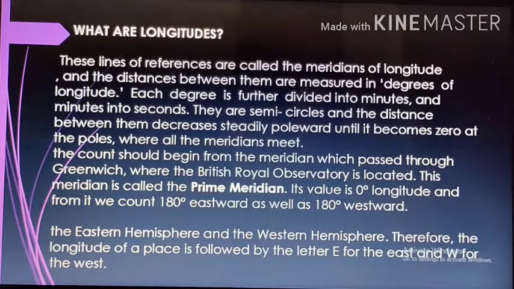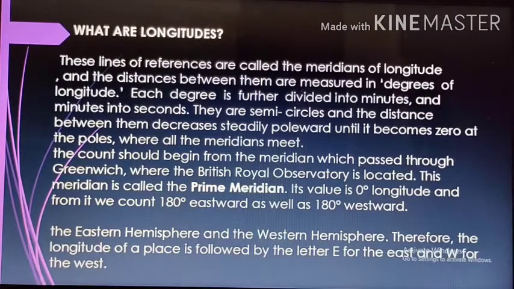Thus, it was difficult to number the meridians. Hence, all countries decided that the count should begin from the meridian which passed through Greenwich, where the British Royal Observatory is located. This meridian is called the prime meridian. Its value is 0 degree longitude, and from there we count 180 degrees eastward as well as 180 degrees westward.